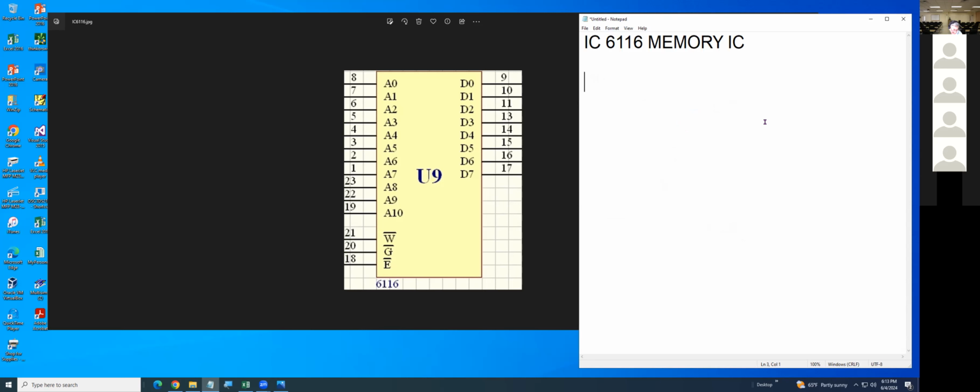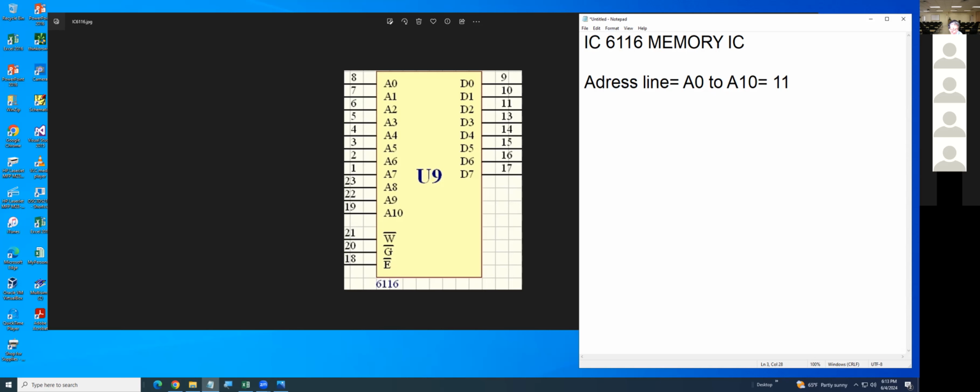How many address pins? If you're looking at that, you can go from A0 to A10. Is it 11?